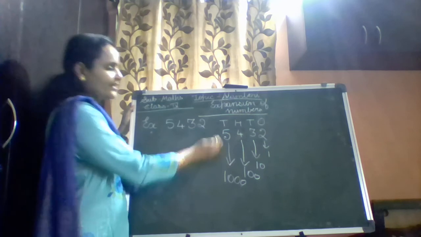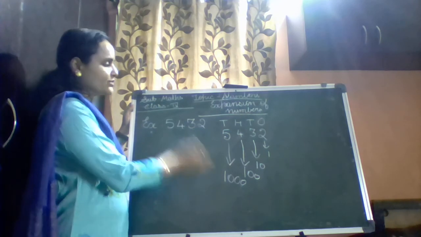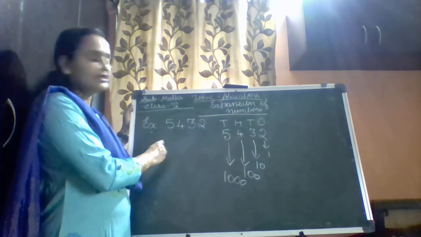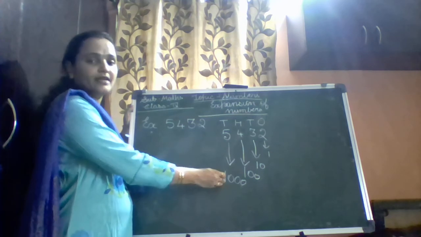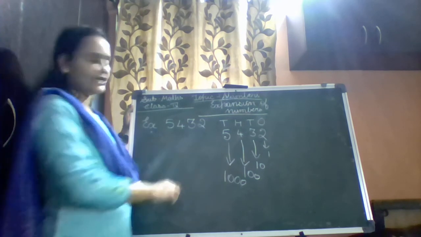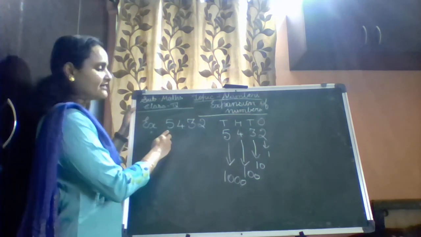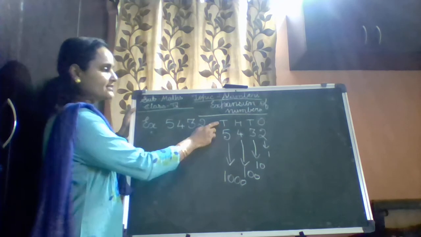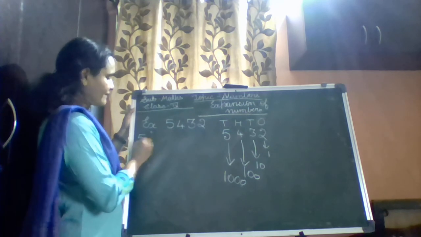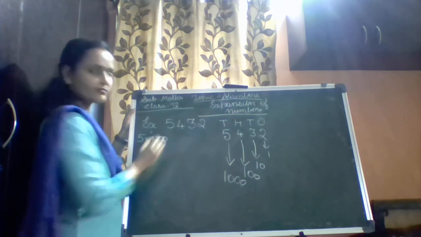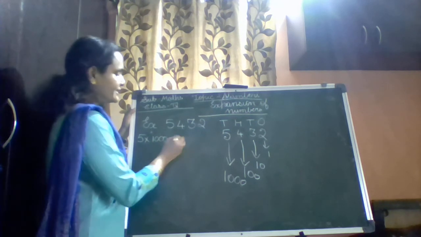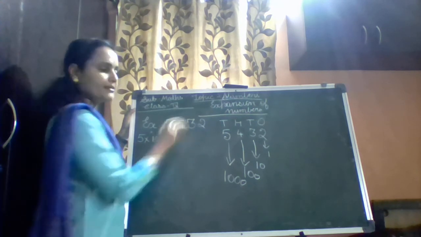Now after writing this, you have to expand this number. The expansion of the number will be connected to the place values. When you are taking the first number 5, 5 is in the 1000 place. So this is nothing but 5 into 1000. Now the next number, you put plus in between.